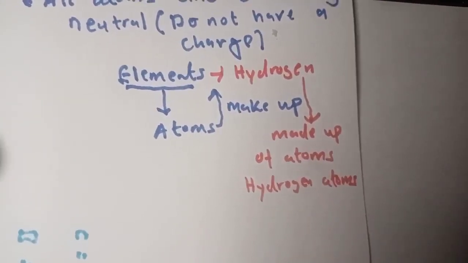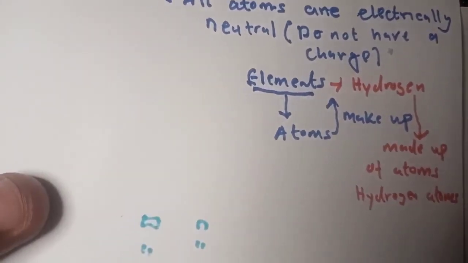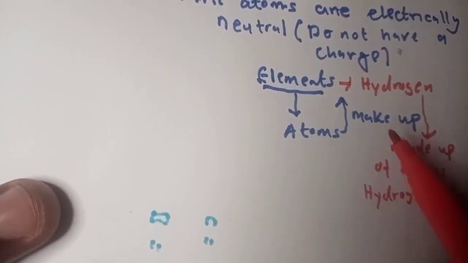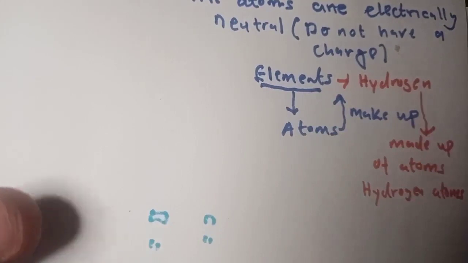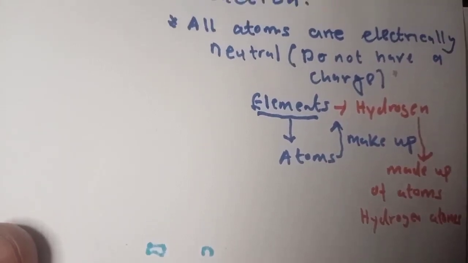If it's oxygen, it's going to be made up of oxygen atoms. So that is the definition for an atom.